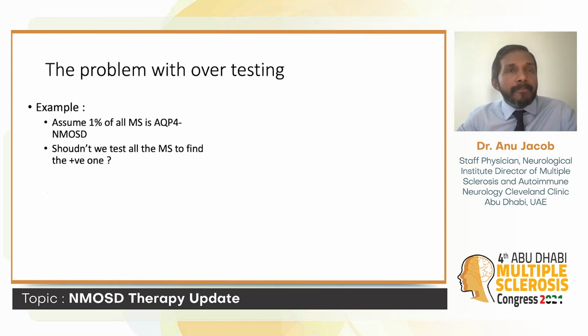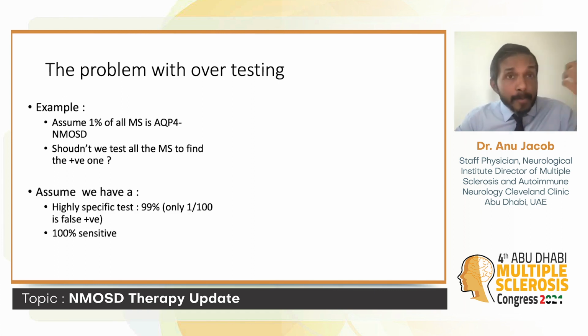Assuming 1% of all MS is AQP4 NMOSD, that is, the ratio is roughly 1:100. If you see 100 MS patients, you probably will expect at least one AQP4 NMOSD. So would it make sense to screen all these 100 MS patients to find out this one NMOSD? And assuming you have a highly specific test, 99% specificity, there's only 1 in 100 that is falsely positive, and the test is 100% sensitive.